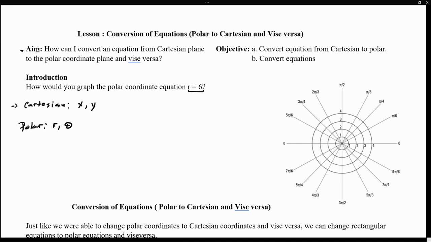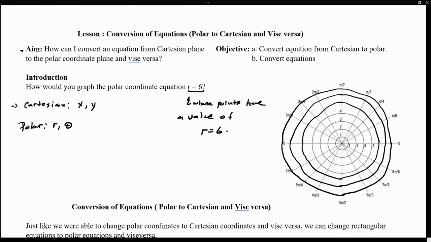So notice that this equation is just stating, let's graph a function whose points have a value of r equals 6. But what do we mean by this?